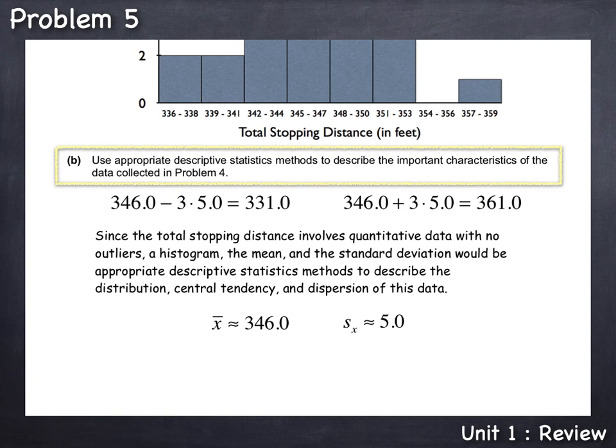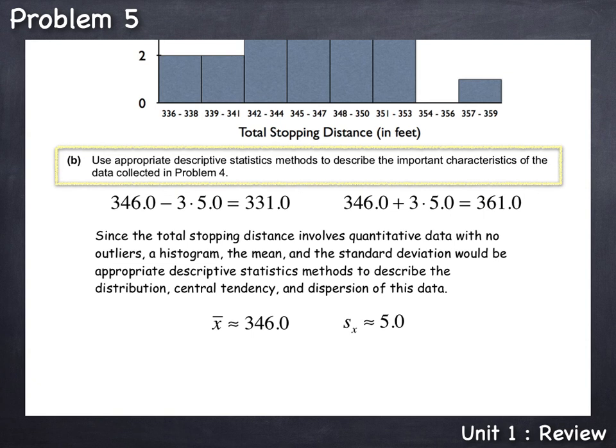So now we can give our answer to part B, which is a description of the important characteristics of this data. A description is an answer written in words of the problem. So we need to describe these three important characteristics: the distribution, the central tendency, and the dispersion, in words of the problem, which is total stopping distance of vehicles going 65 miles per hour in dry conditions.